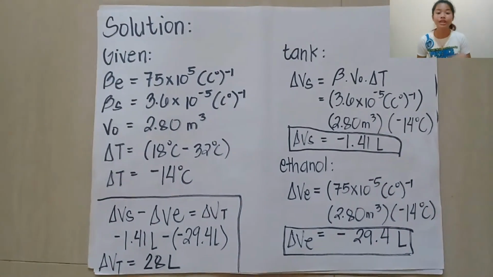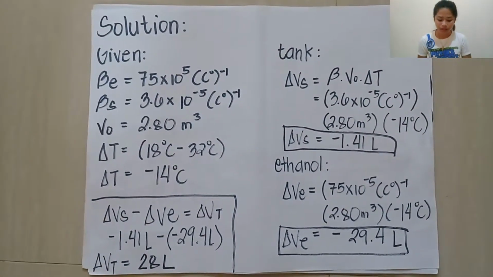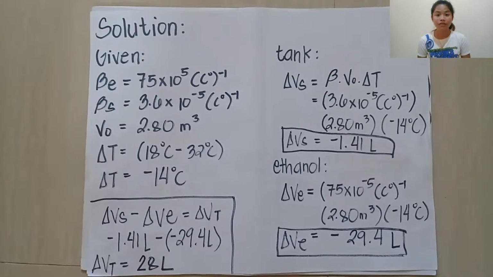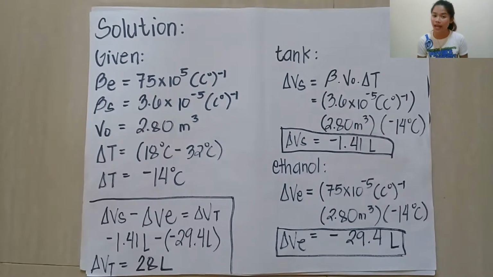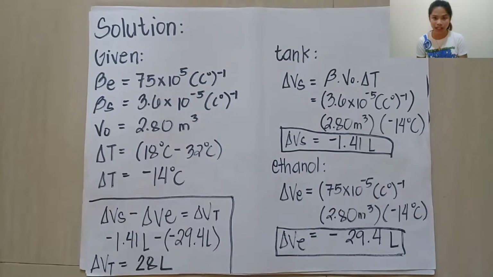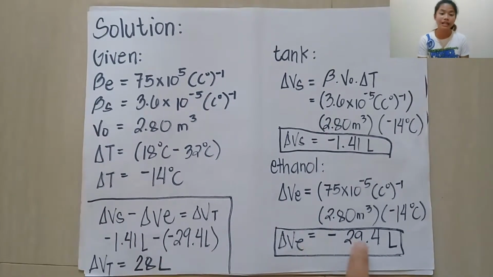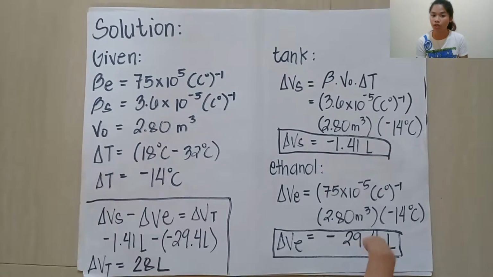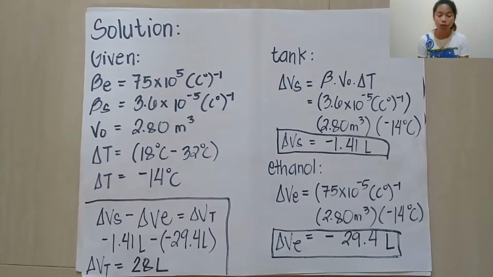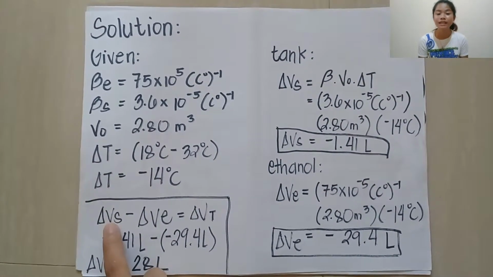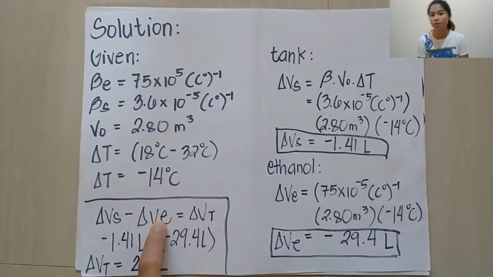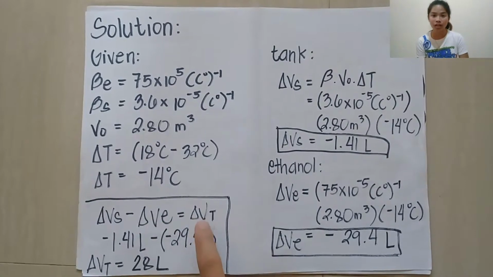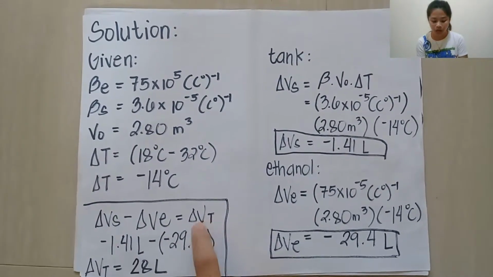And now, for the ethanol, delta V of ethanol is equal to negative 29.4 liter. So, calculating the additional volume, delta V of the tank minus delta V of the ethanol is equal to delta V total, or the additional volume.